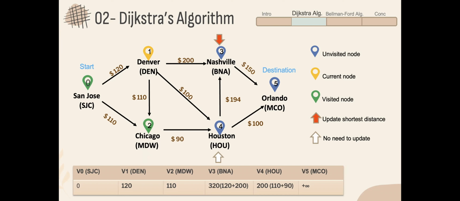This will update the price for Nashville from infinity to $320, but remain unchanged for Houston since it's higher than the previously calculated price. Then we repeat the same process for Houston, which would update the price for Orlando to $300. And also repeat for Nashville, which would make no change to the bottom table.